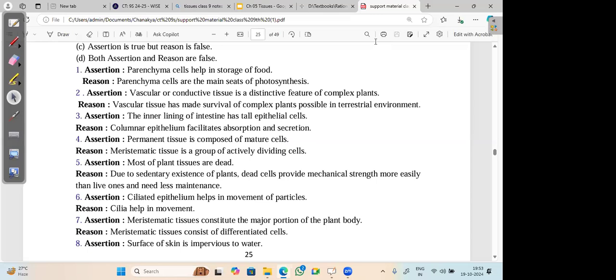First of all, tell whether the assertion is correct or not.